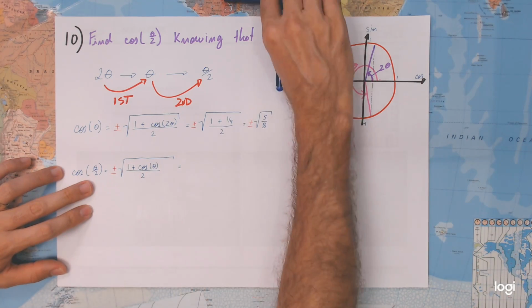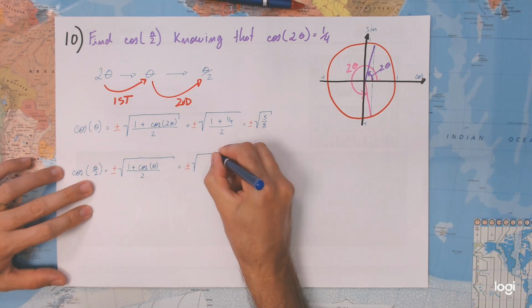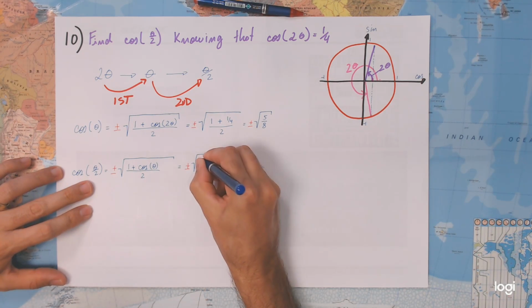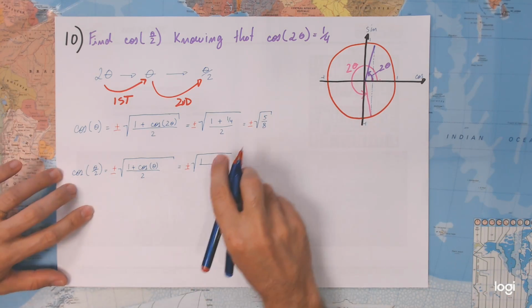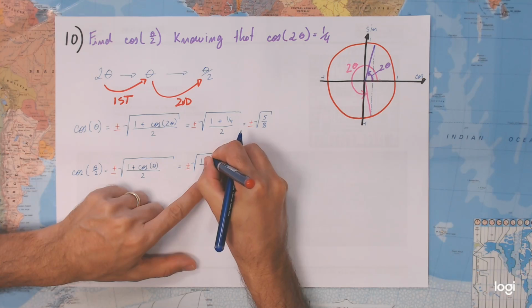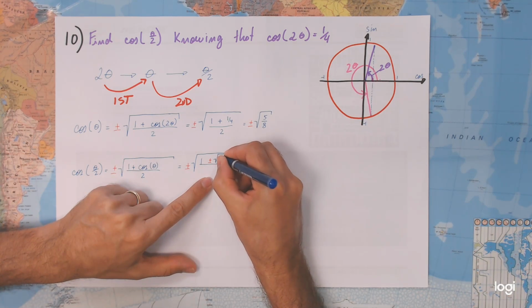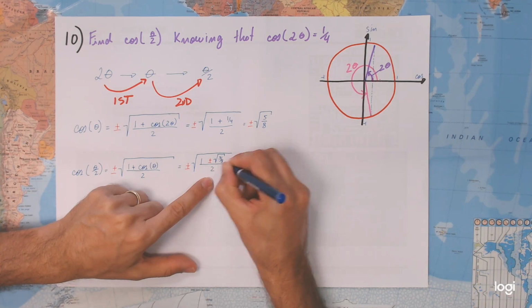And this is again equal to plus or minus the square root of 1 plus or minus, again, the square root of 5/8, divided by 2.